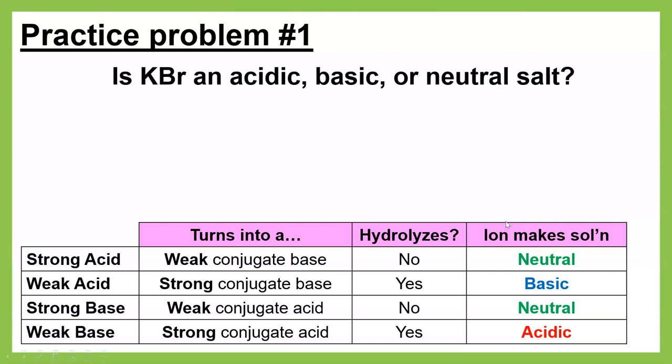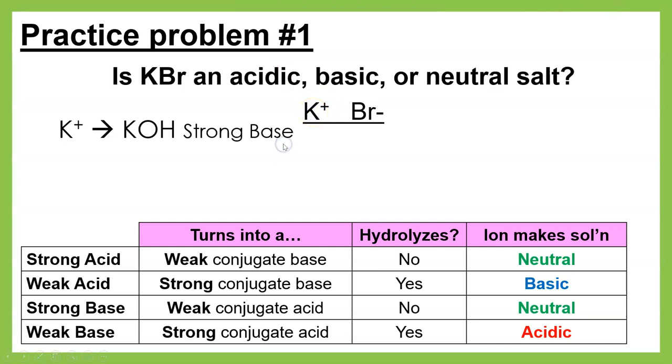So, lots of practice. Is potassium bromide an acidic, basic, or neutral salt? So I need to think about the ions that are present. I need to think about where those ions came from. Potassium can be found in a strong base, can't it?